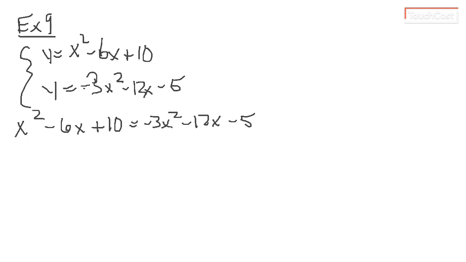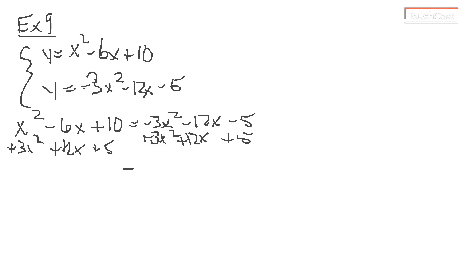We're going to get everything on one side. I'm going to move everything to the left. So I'm going to add 3x squared, I'm going to add 12x, and then I'm going to add 5.